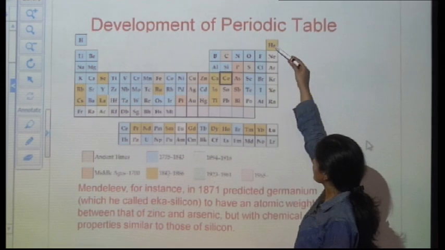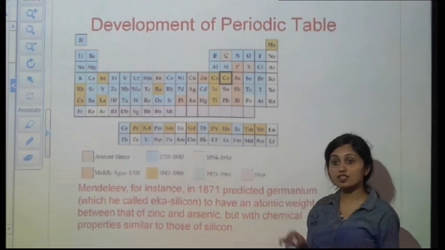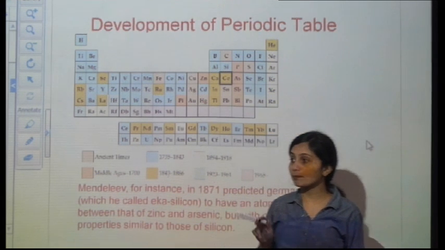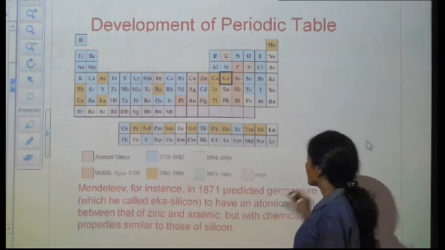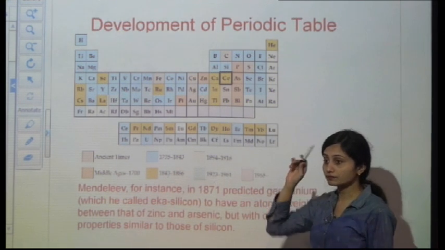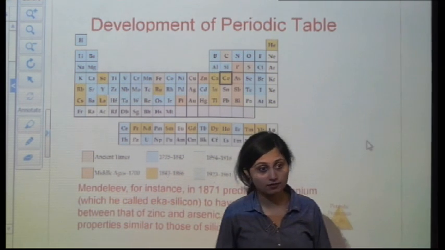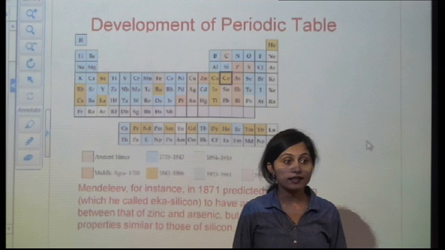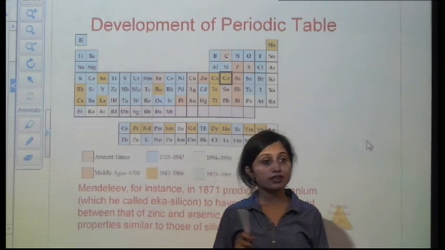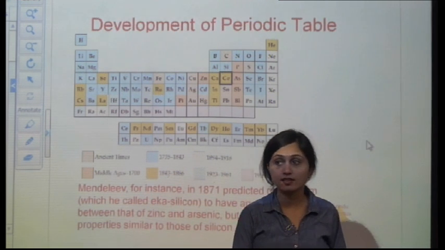And the last is a special one, because in this your p is fully filled. When you talk about p fully filled, we are talking about the noble gases. These noble gases were initially known as the inert gases.